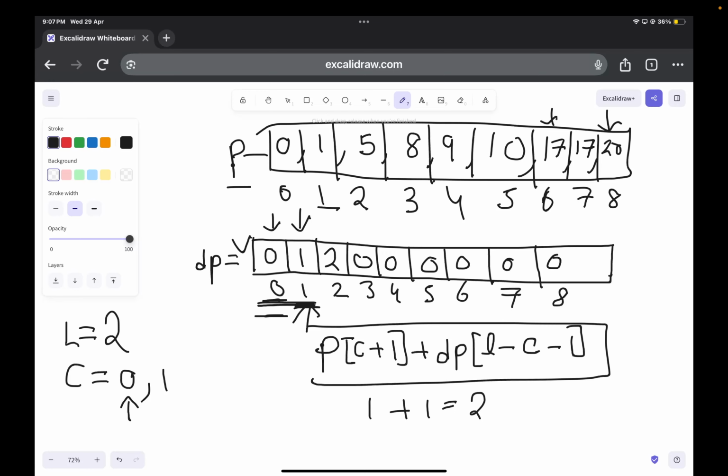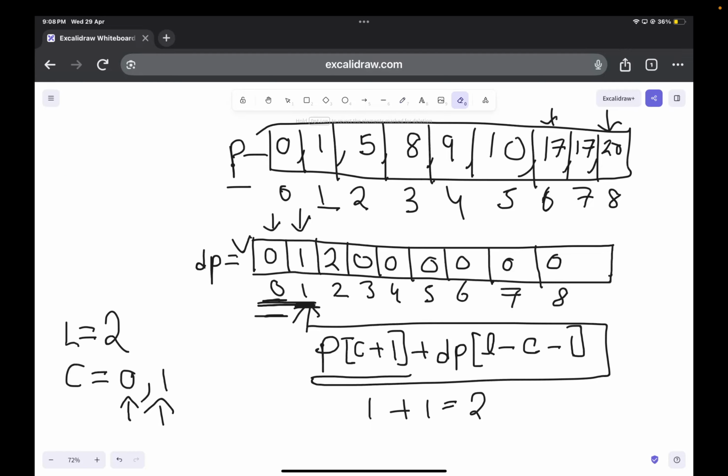Now what is 2? Think of it. If the length is 2, cutting 0 plus 1, I think we are playing with C. Why are we doing C plus 1? I am under C. Everyone observe. Now I'll change this value. What is the C value now? C value is 1.